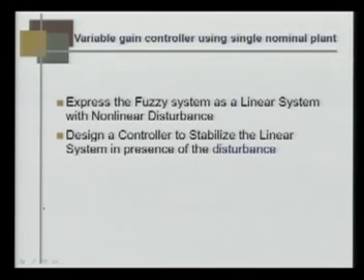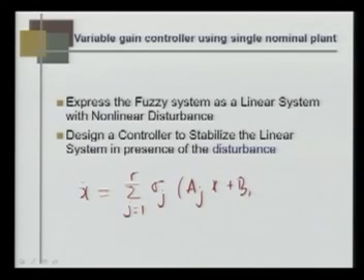Okay. In this class, we will talk about variable gain controller using the nominal plant. So, this is the first type of controller we will be talking about today. In this, we express the fuzzy system as a linear system with a nonlinear disturbance. So, our fuzzy system, x dot equal to summation j equal to 1 to r sigma j (Aj x plus Bj u).